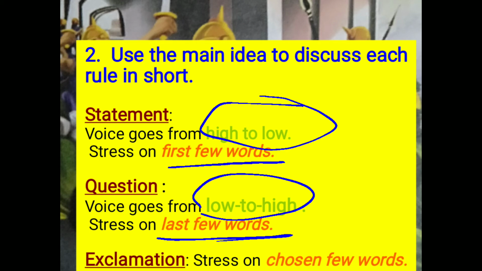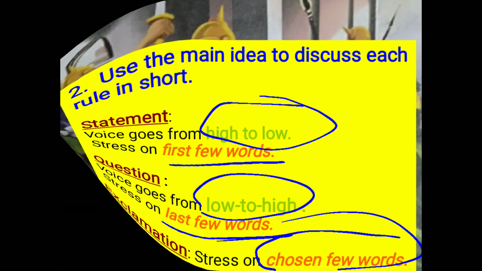Or else you can say, hooray, we won the match. Here, on what words are you giving stress? On the chosen few words. You gave stress on hooray, and also on we won the match. Won, isn't it? So we can say that in exclamation we stress on chosen few words.